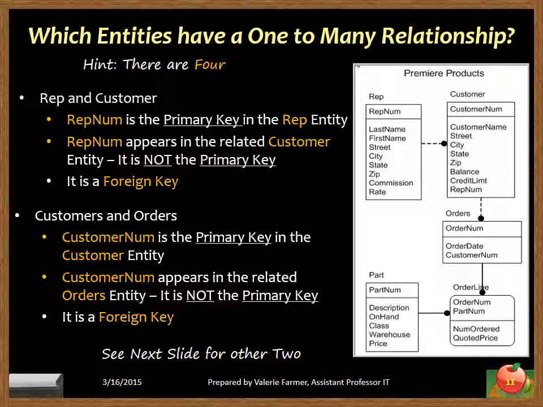Customers and orders have a one-to-many relationship. Customer number is the primary key in the customer entity. Customer number appears in the related orders entity. It is not the primary key in the orders entity. It is a foreign key.